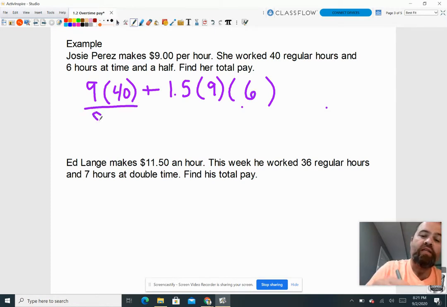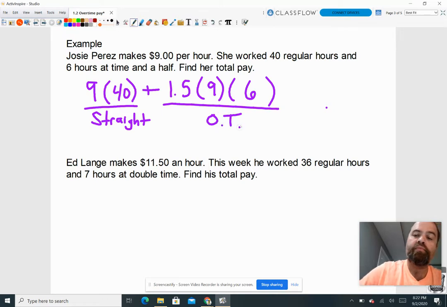This is my straight, what we did yesterday. And this section will calculate my overtime. If you set it up the way I did, you should be able to type this straight into your calculator and get the total pay, straight time plus overtime.